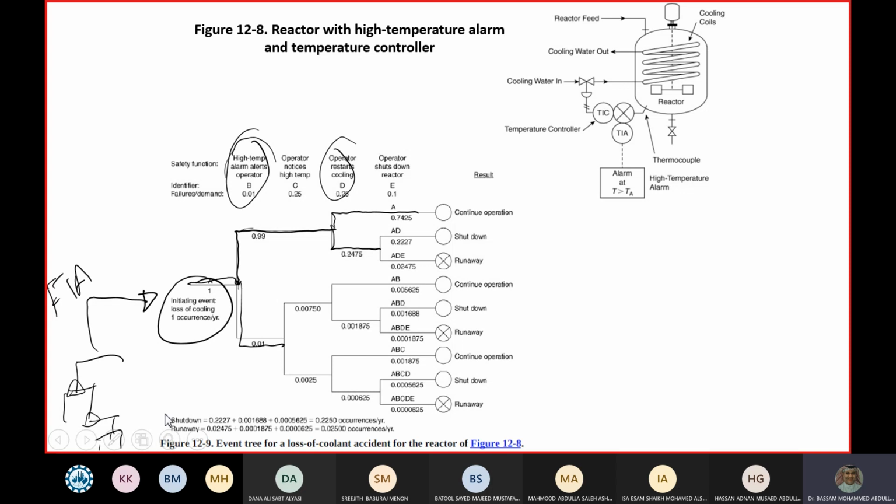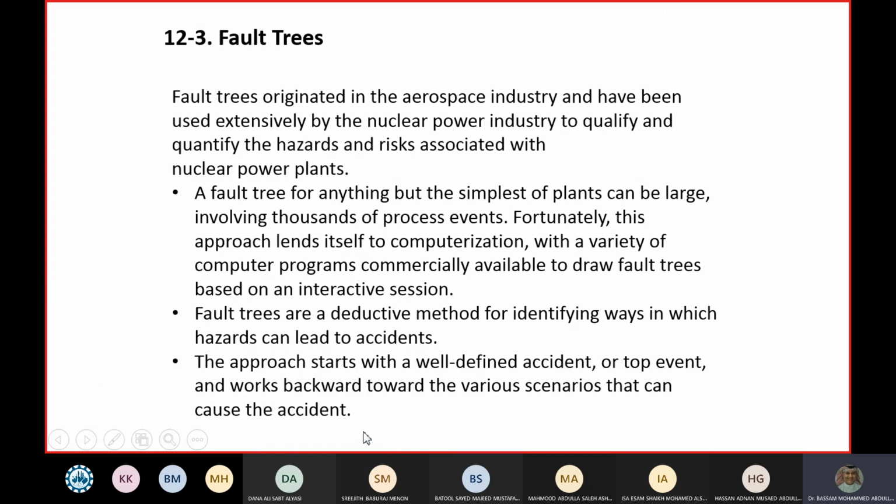And of course, you can calculate what is now the shutdown occurrences per year. You just add the numbers where you have shutdown, and what is the runaway occurrences per year, in which a runaway means you have no control. You will have the problem falling onto your head, and that is a very low occurrence per year, which is okay.